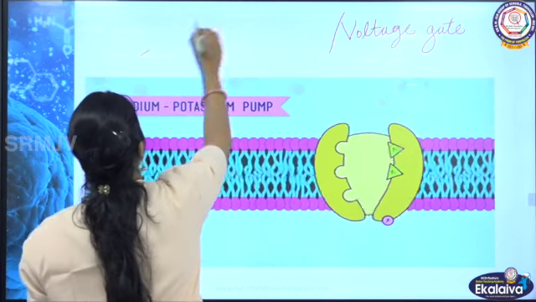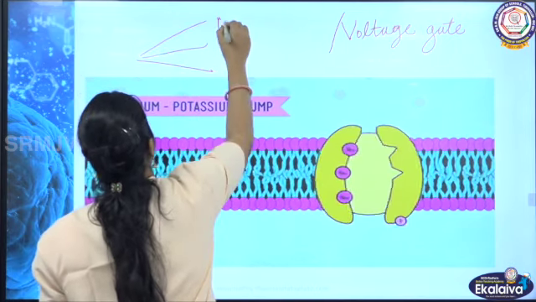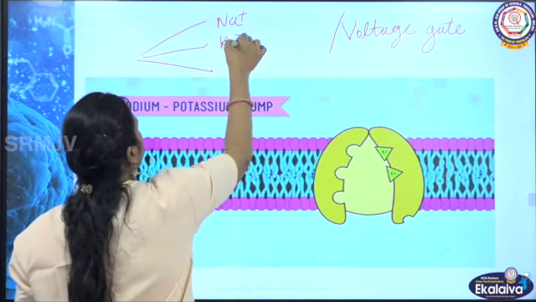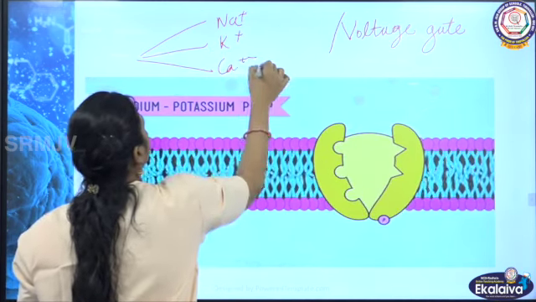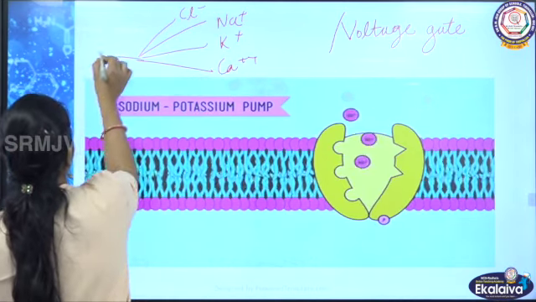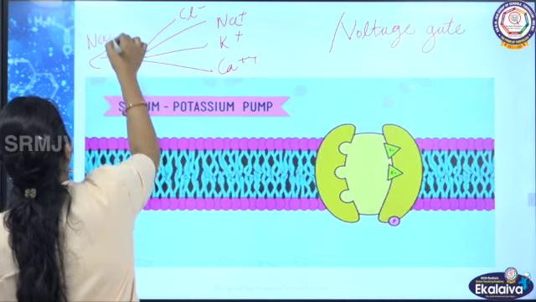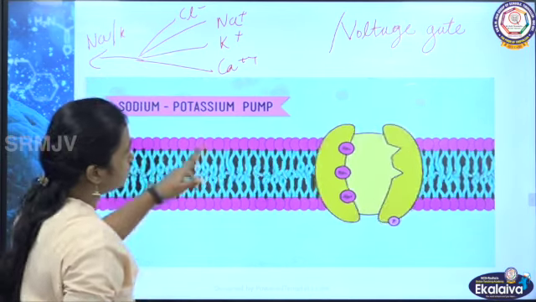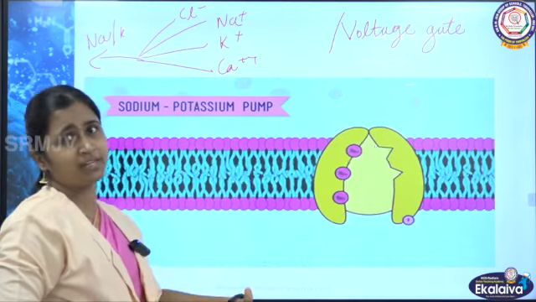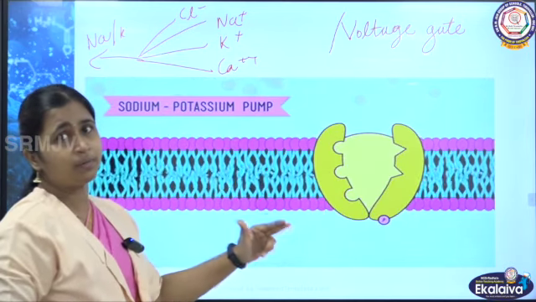So, we will see about the channels: sodium, potassium, calcium, chloride, and there is one more channel called sodium potassium channel, both together. So, it will allow the sodium, it will also allow the potassium. So, that you call a sodium potassium channel.